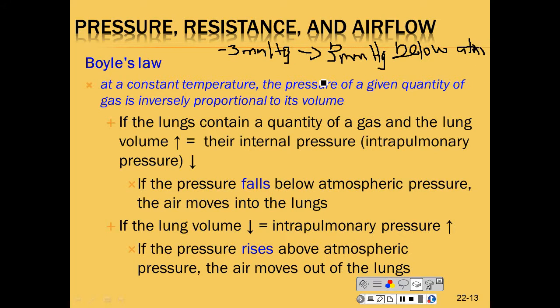But when we have a positive 3 millimeters of mercury, it means that we have 3 millimeters of mercury above our atmospheric pressure. Okay?